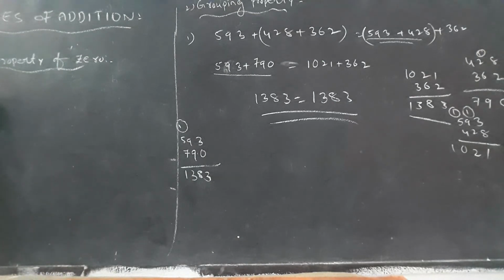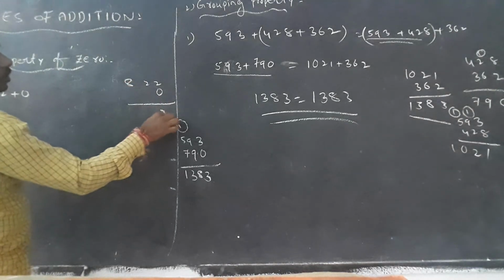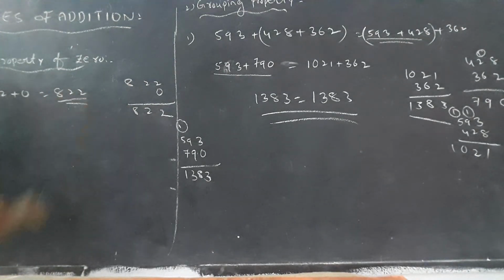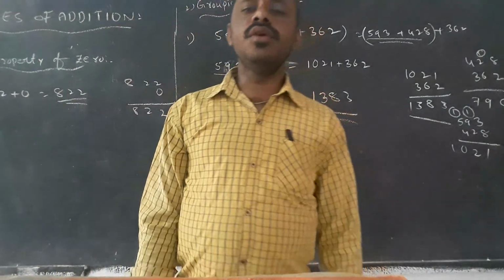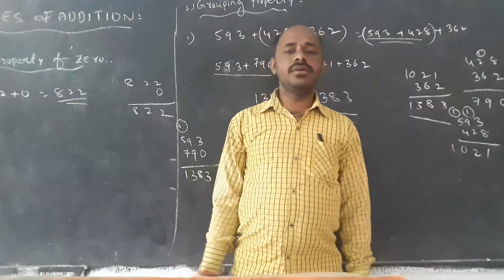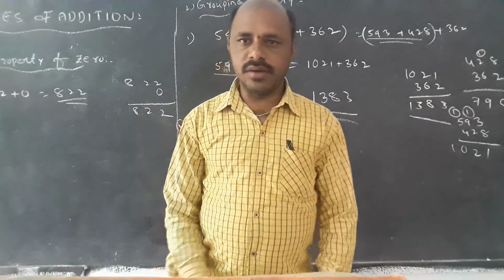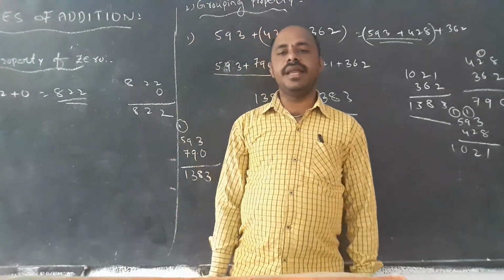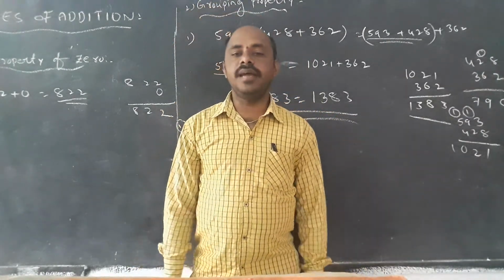For example, 822 plus 0. Write it: 822 plus 000. 2 plus 0 is 2, 2 plus 0 is 2, 8 plus 0 is 8. We got 822. 0 plus 1 is 1, 1 plus 0 is 1, 2 plus 0 is 2, 8 plus 0 is 8. 100 plus 0 is 100, 1000 plus 0 is 1000, 500 plus 0 is 500.